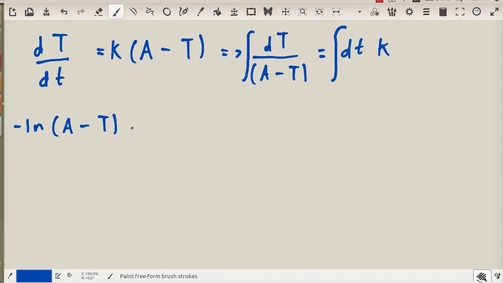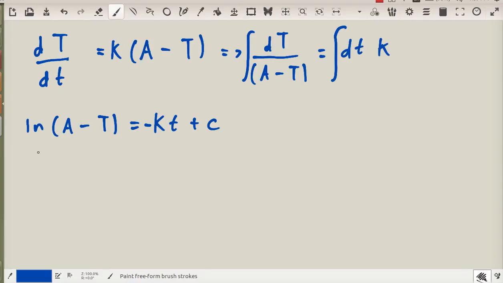So then that's equal to kt. And as usual, we're going to be adding a c on top of that. To make things a little neater, let's take out the negative sign on the left-hand side and pop it in on the right. Again, because we're dealing with an arbitrary constant, that sign can still be positive. So to simplify this and get it all in terms of T, we're going to put both sides to the power of e.